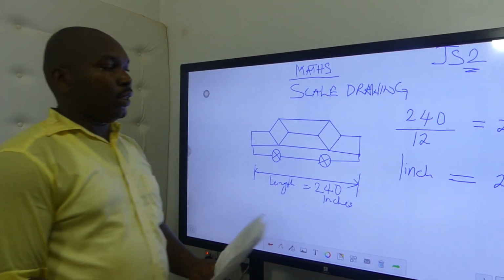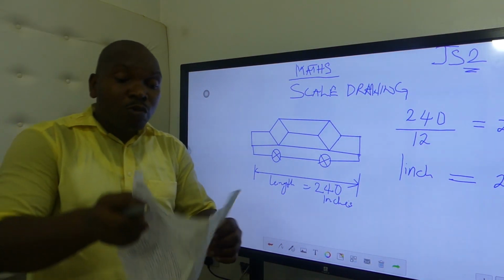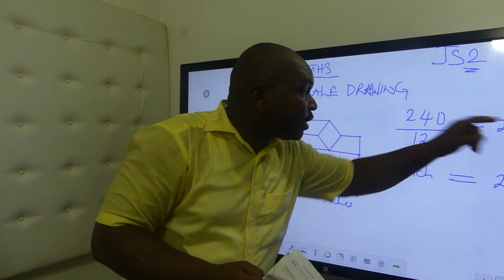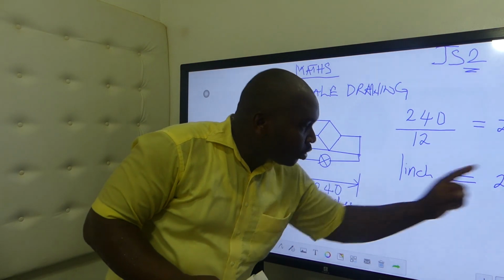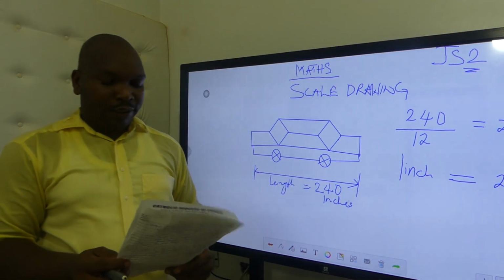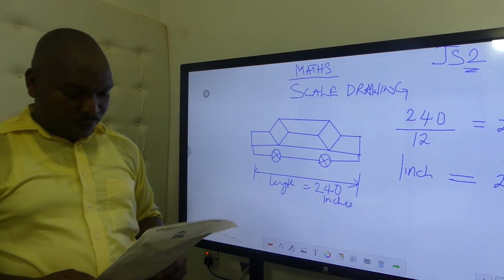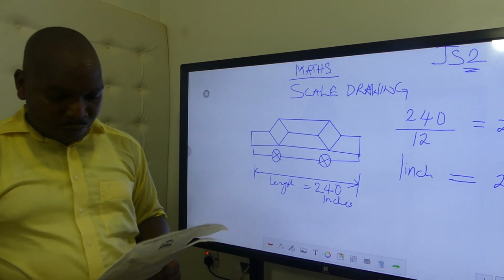That is what you are going to say. In order to use just one of these instead of 20 of this thing, we say that 1 inch will give us 20 inches in our diagram. Are you there? Okay.